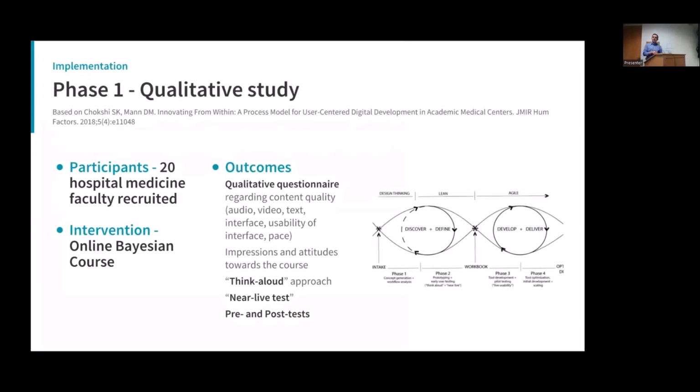We had some volunteers who took the course, and we used a model that was introduced by Chokshi and colleagues, showing how best to incorporate user-centric digital designs in academic health centers, primarily related to the introduction of tools in the EHR, but we modified it to fit the goals in introducing digital education.